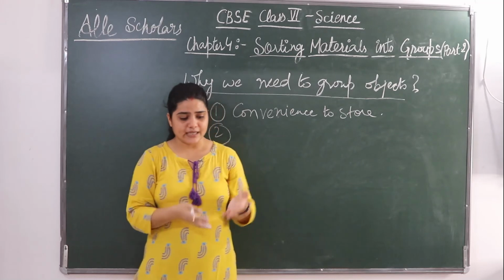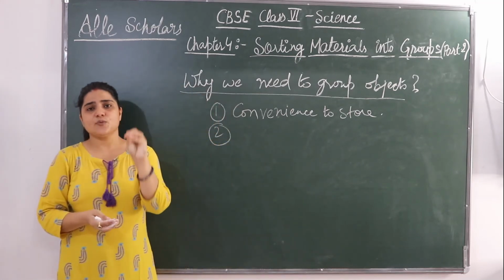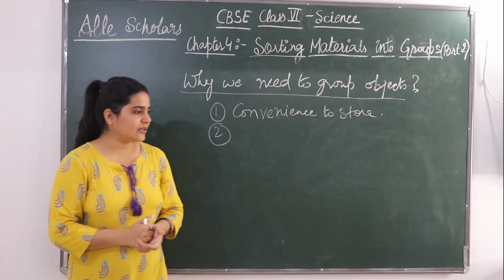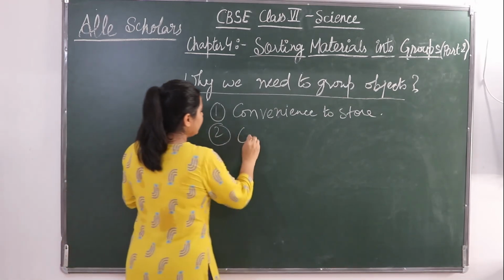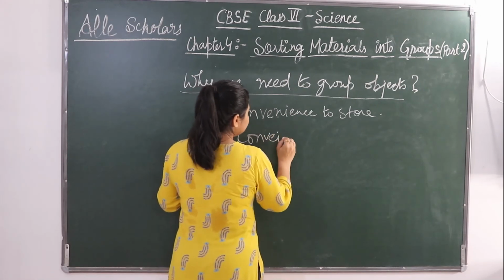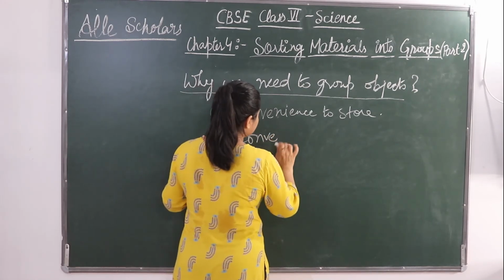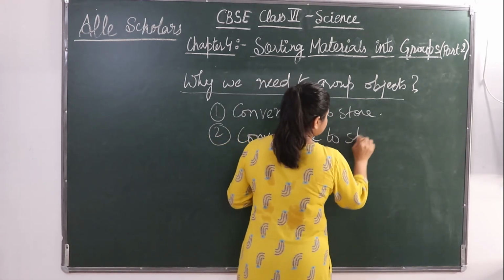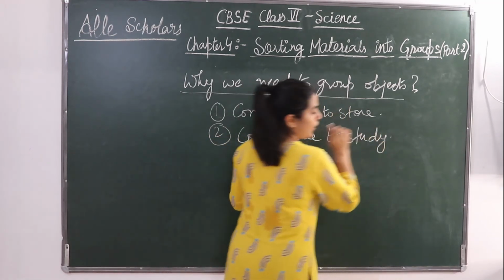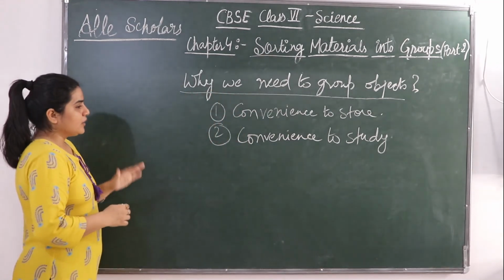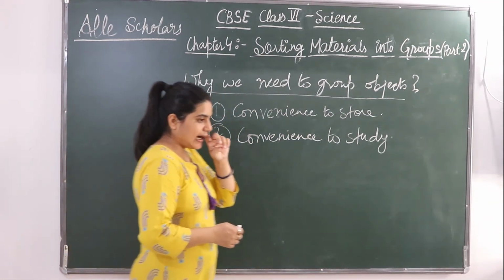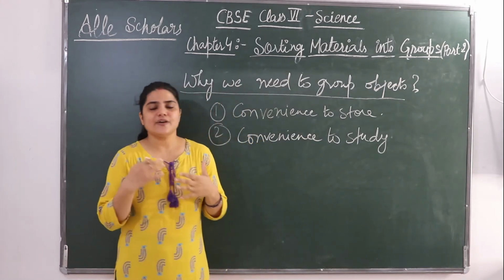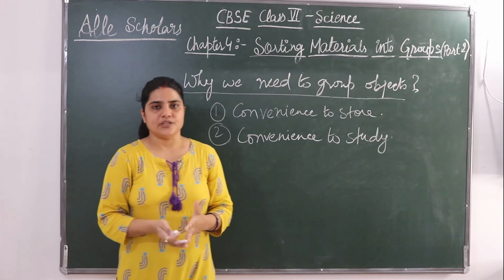If storybooks, English, history and math books were all together, it would be difficult. So we also group objects so that it becomes easy for us to study their features as well as the patterns of their features.